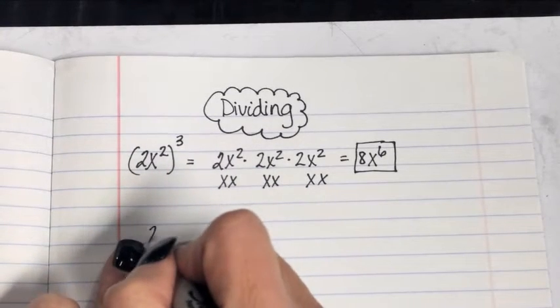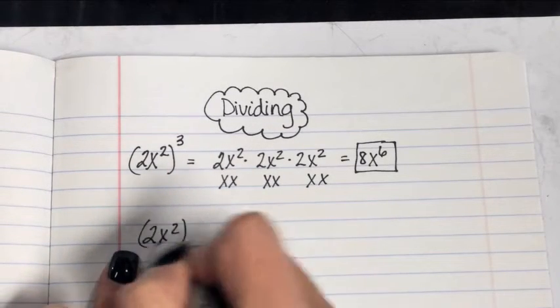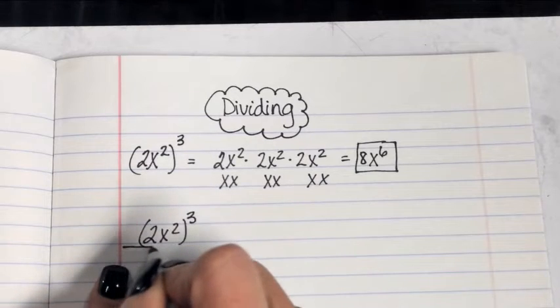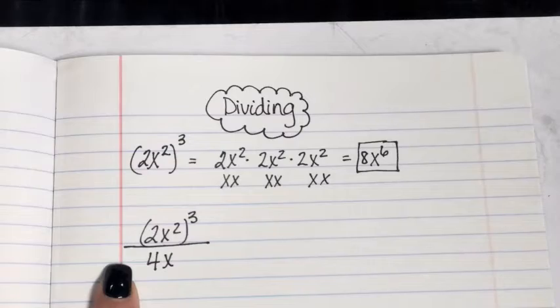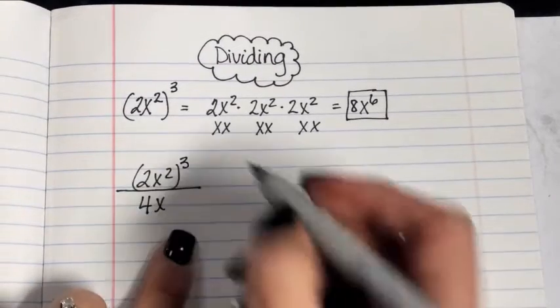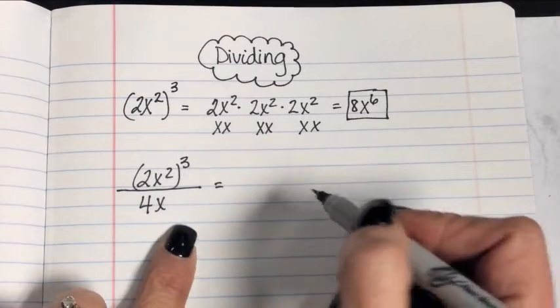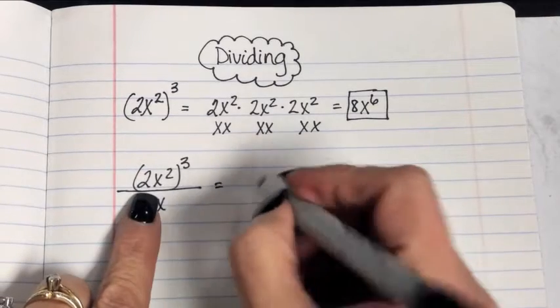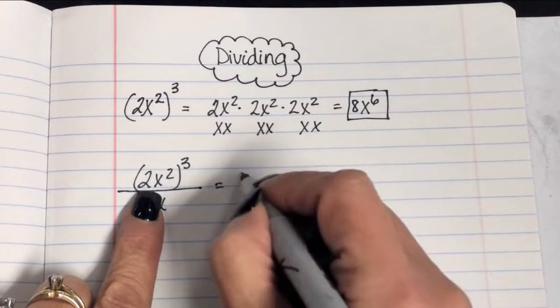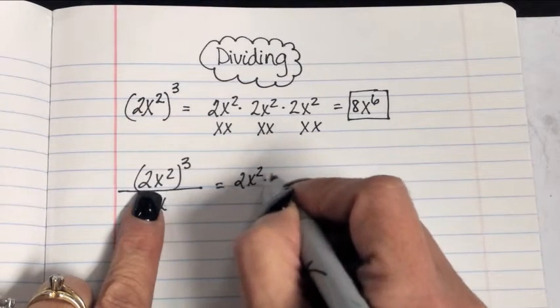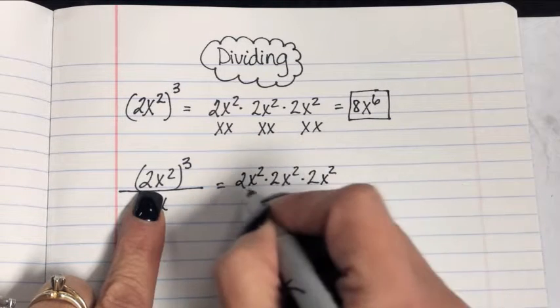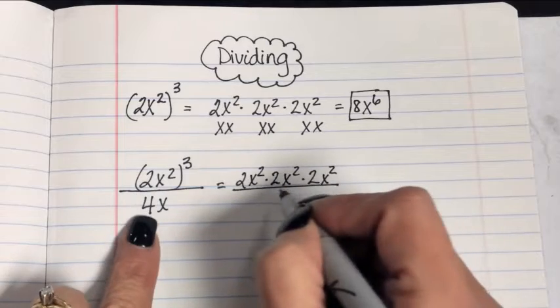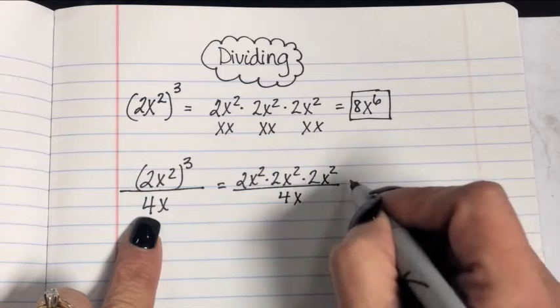What if I take that 2x squared to the 3rd power and divide it by 4x? You're like, okay, well, let's expand it out, just like we've been doing. So let's take 2x squared cubed. That's 2x squared times 2x squared times 2x squared on the top. And on the bottom, I have 4x.